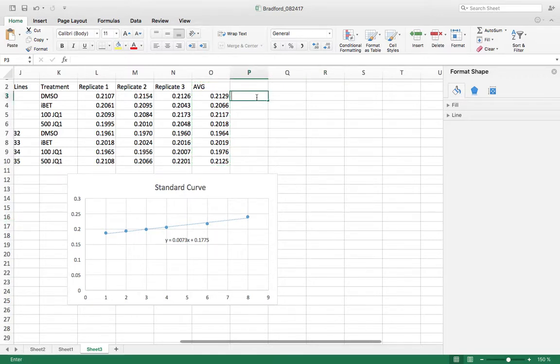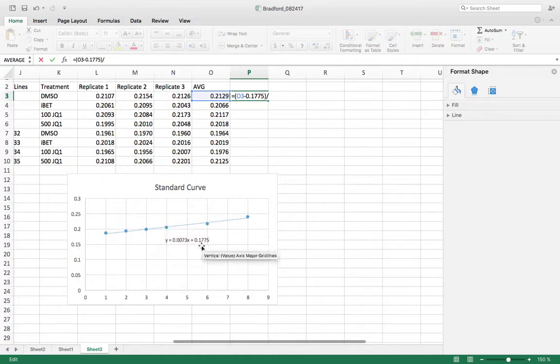y is going to be, so y is our average because y is our absorbance. So if you break this down in algebra, y minus 0.1175, and that's our b, divided by our slope, and then we've isolated x.